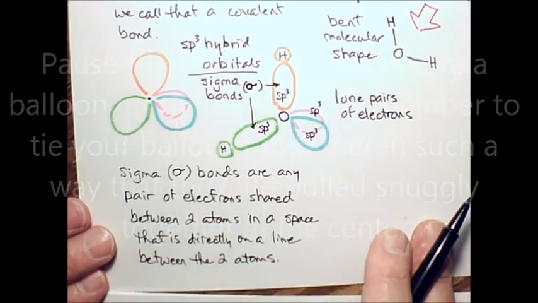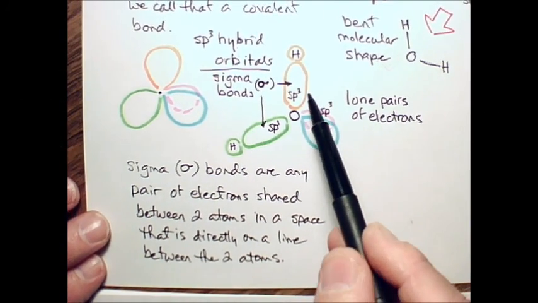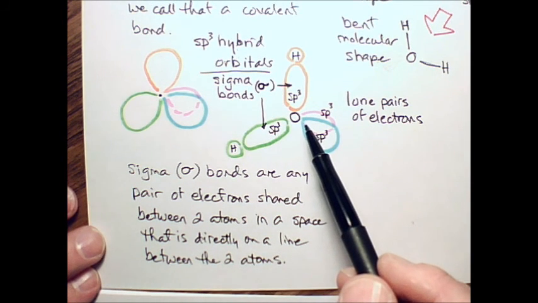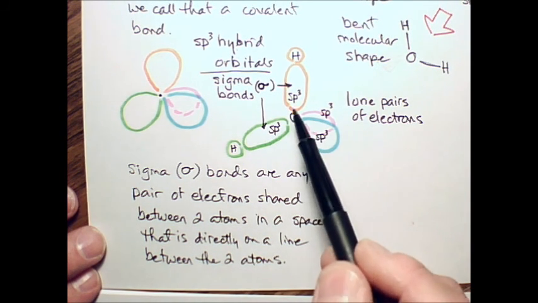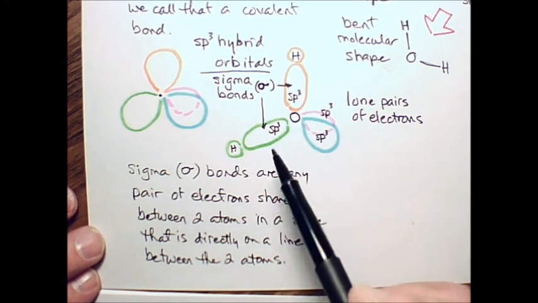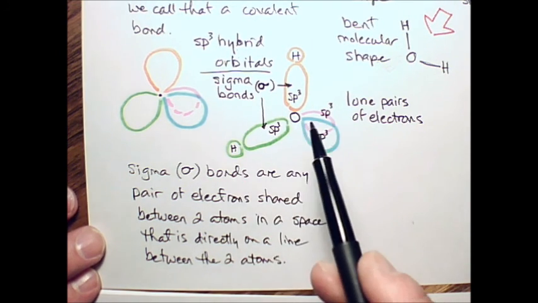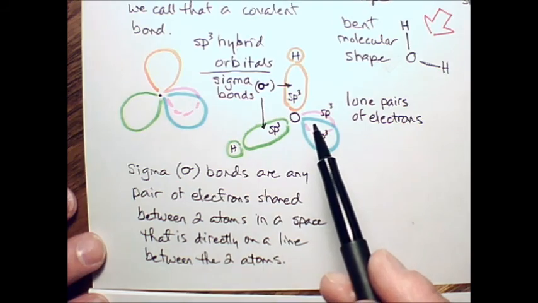So we made balloon models to show how water, starting with these sp3 hybrids on the oxygen, forms these sigma bonds with hydrogens, overlapping orbitals there to make those sigma bonds, forming a molecule that still has a tetrahedral shape.